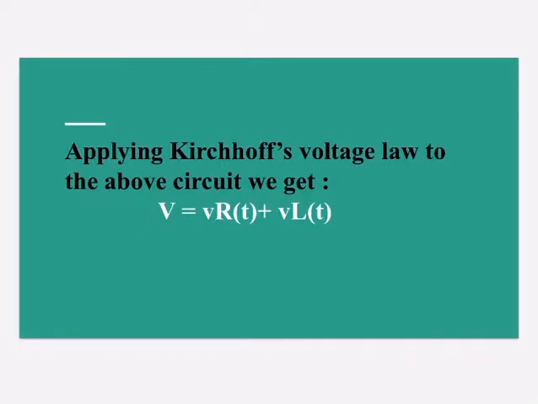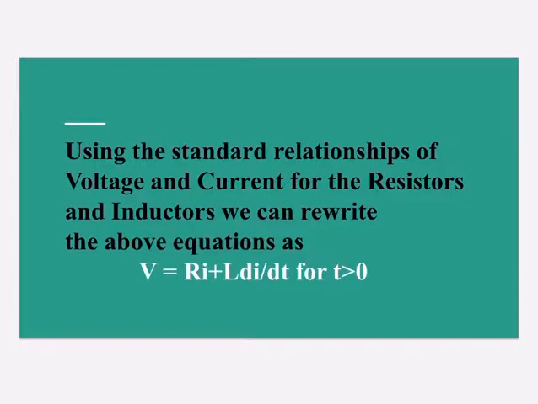And using the standard relationships of voltage and current for the resistors and inductors, we can rewrite this equation as V is equal to Ri plus L di by dt, for t greater than 0.